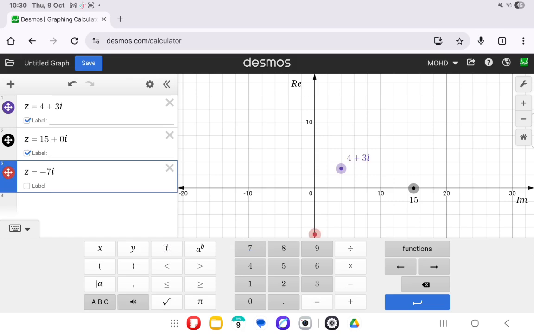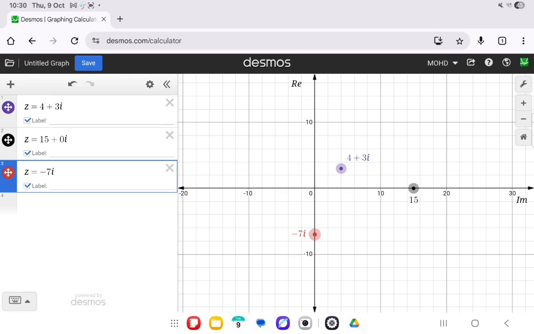For this case, we don't need to write the full form because we already wrote the imaginary part. Desmos already treats it as a complex number form, so automatically it has the plot there.